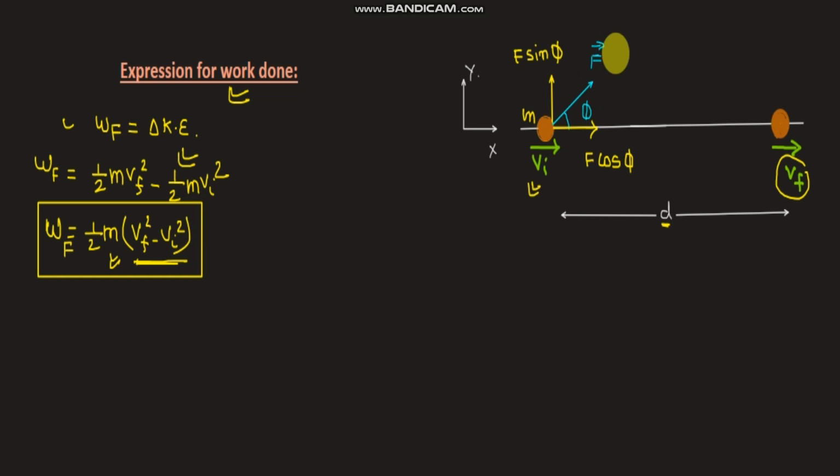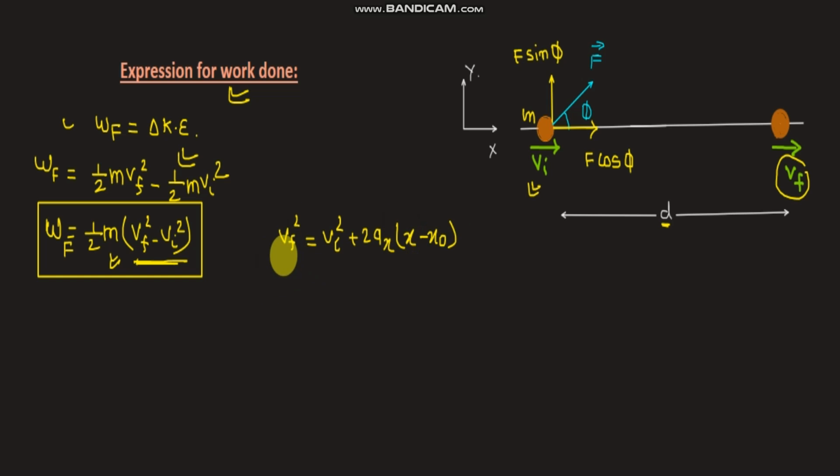Since a constant force F is being applied on the spherical ball, and the force is constant and acceleration is constant, we can utilize Newton's laws of motion. We can use this formula: v final square is equal to v initial square plus 2 a_x (x minus x naught).